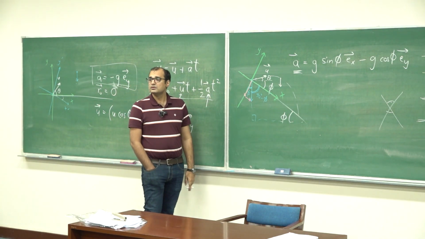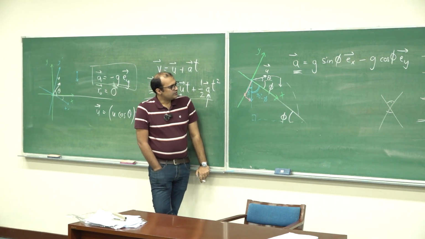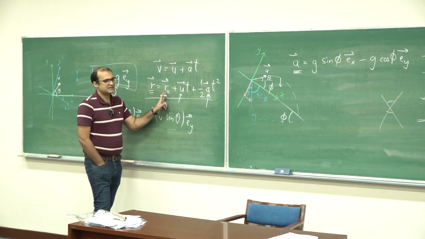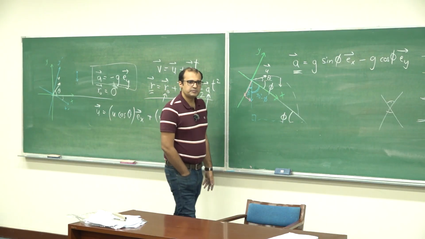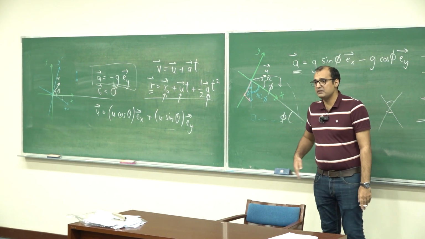What will you write then for u? u times cos of (theta plus phi) Ex plus u times sine of (theta plus phi) Ey. And then this is still the zero vector. So you plug these two vectors in and you have your position vector of the projectile at any time.